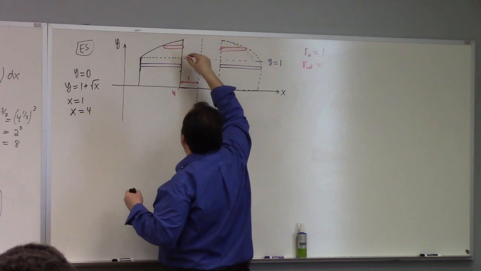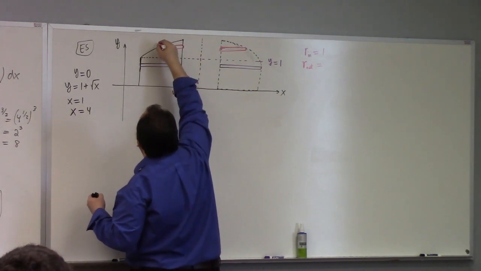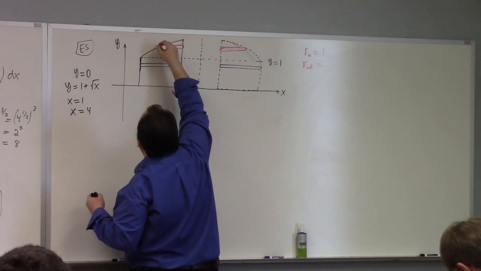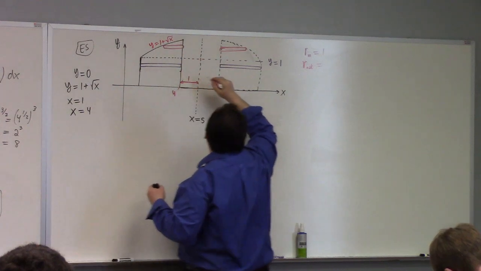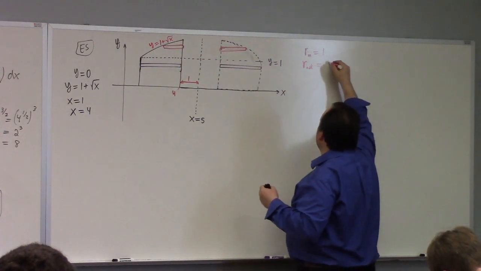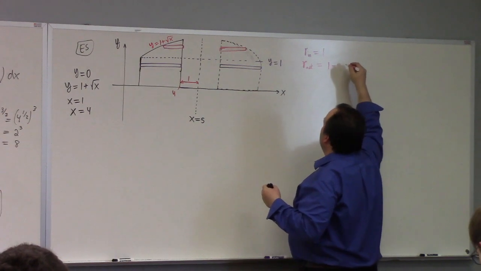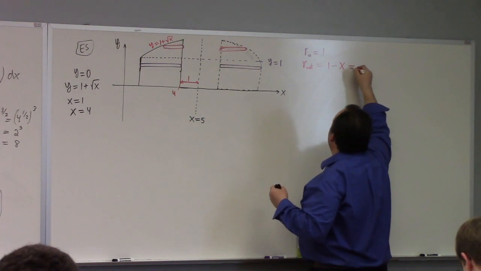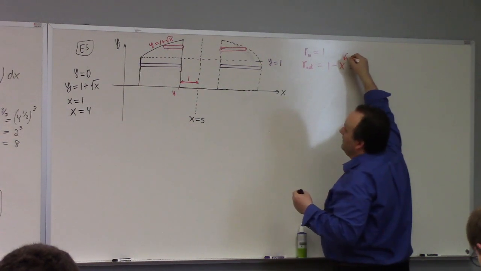So 1 minus, this here is y equals to 1 plus the square root of x, right? So we could do it like this. It's 1 minus that x. But what is that x? This x is the x which is related to y, and how, in what way?